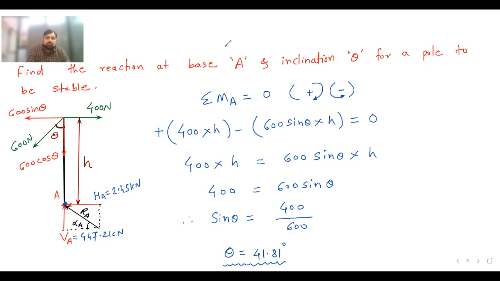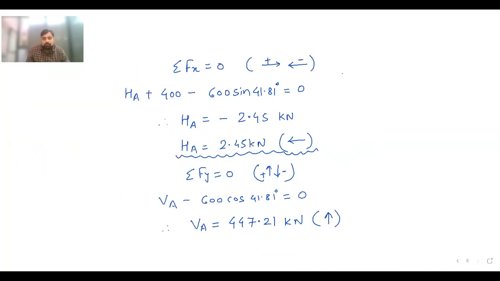Instead of showing it over here, now I will draw a separate diagram. For your understanding, I have shown it over here. So this is VA. Now we will find out RA after HA and VA.